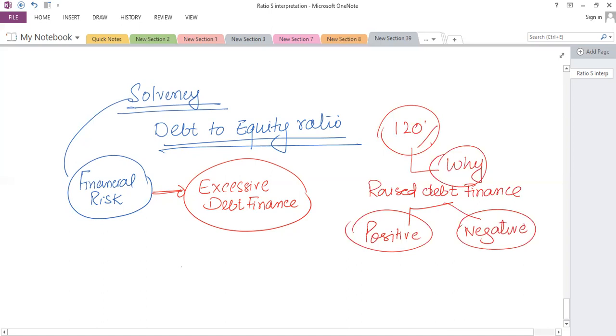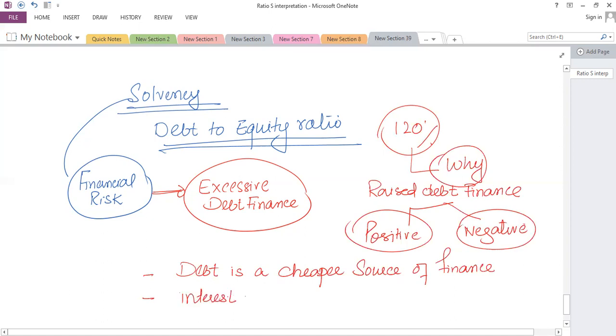Remember that I can talk about something in favor: debt is a cheaper source of finance. But simultaneously there is a negativity, that interest is a commitment.